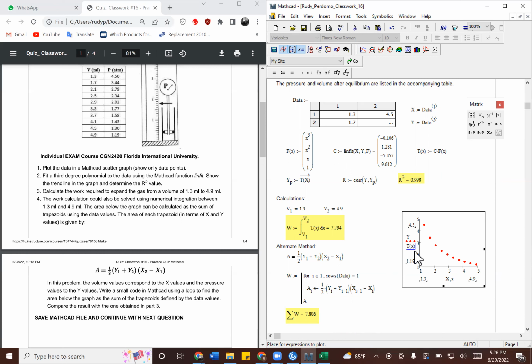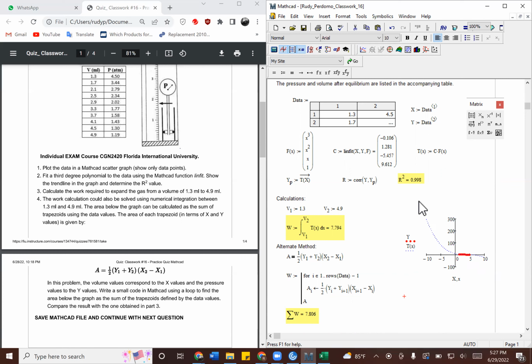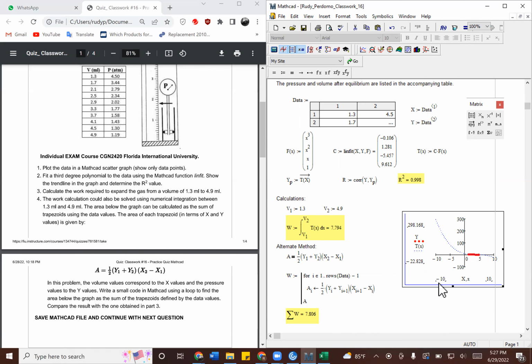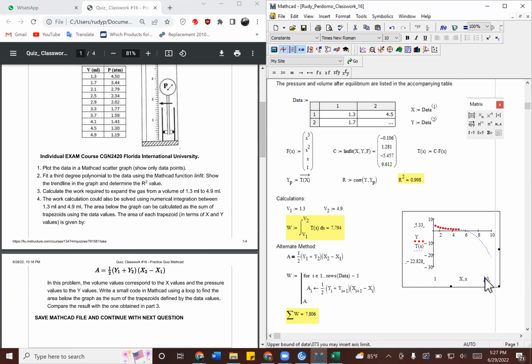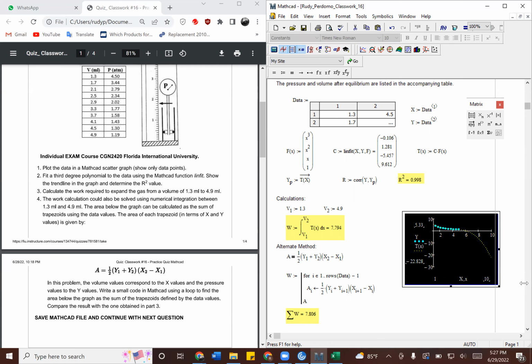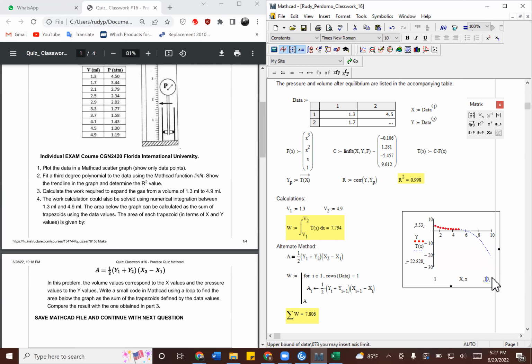And for the other one, it brings it down, comma, right? Yes. Then T of X, which is your trend line. And then it gives us a trend line here. What you have to do is change the range here. You can set this to start at 1, and then end at 5. Hold on. 5? Yeah.